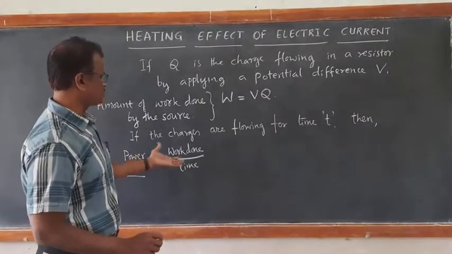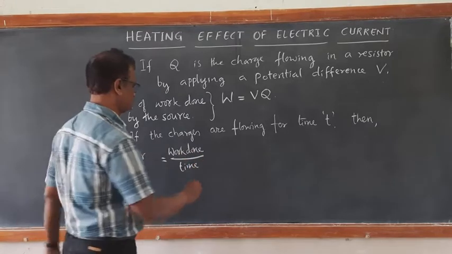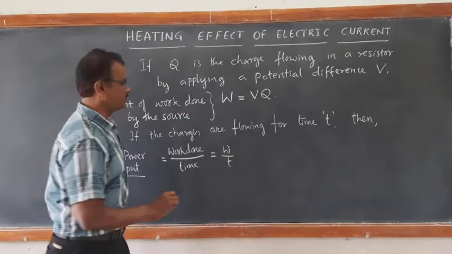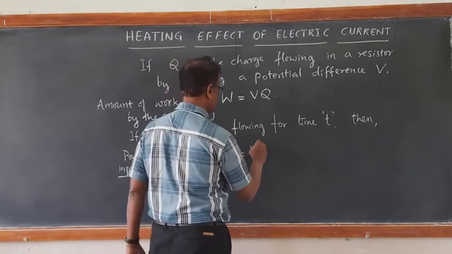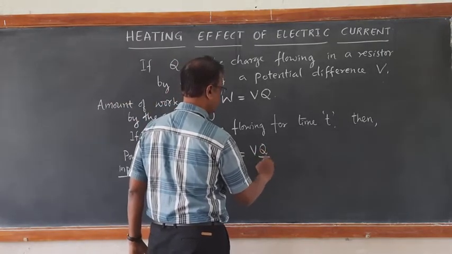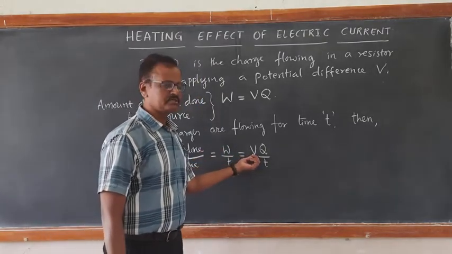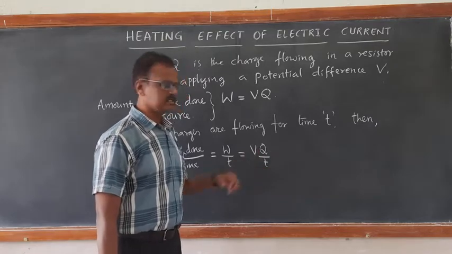Electric power supplied into the circuit is given by W by t by definition. W is VQ, so power is VQ divided by t. Here V is the potential difference, Q is the charge, and t is the time taken.